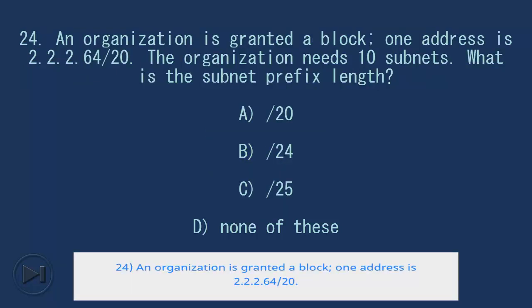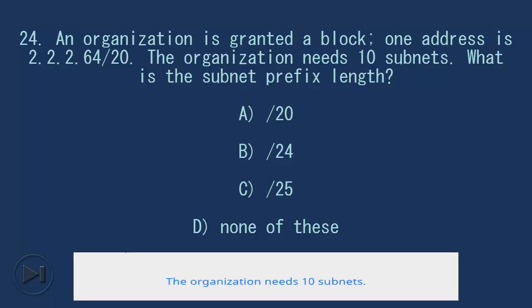24. An organization is granted a block, one address is 2.2.2.64/20. The organization needs 10 subnets. What is the subnet prefix length? A. /20. B. /24. C. /25. D. None of these.